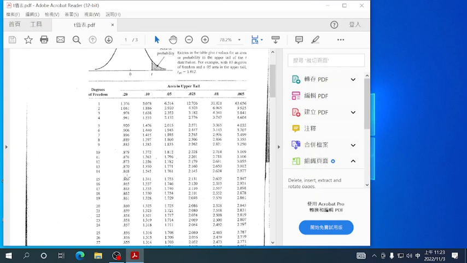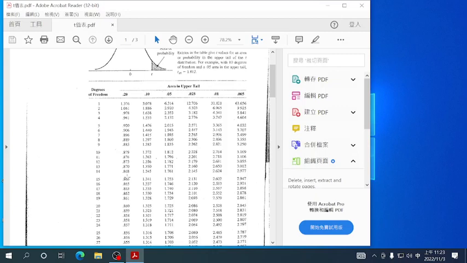The criterion to decide the rejection region and non-rejection region is the critical value of the level of significance, because the level of significance is the type 1 error. We already set the allowable type 1 error.